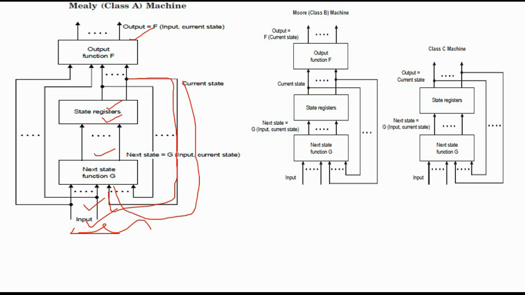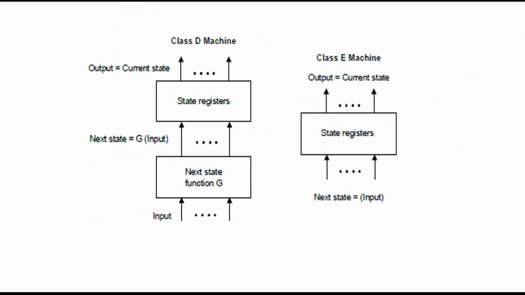But in the case of class B machine, the current state only acts as an input, and based on this, the output will be decided. Class C is also the same approach, with no separate output function here. If you look at class D and class E, in class D we need state registers, a memory element and a next state decoder also.